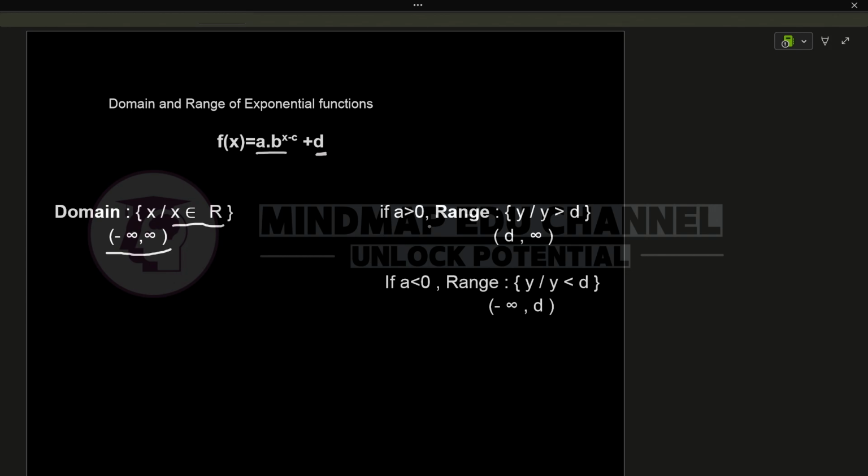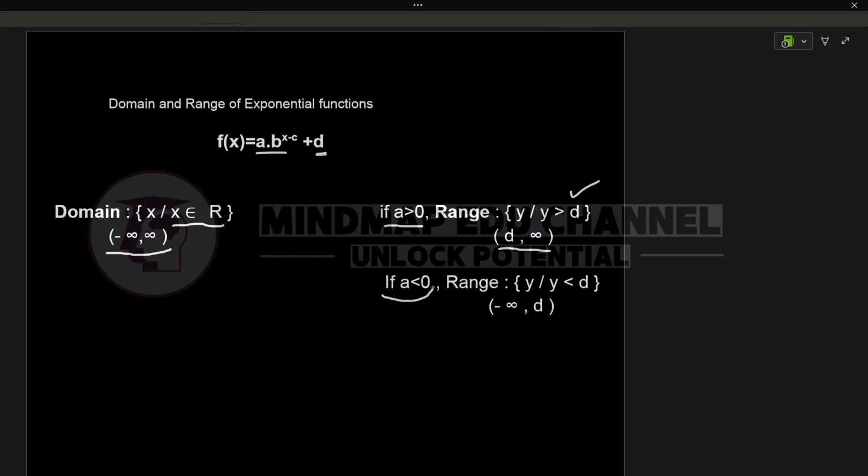And to find out the range, we check the value of a. If a is greater than 0, then the range is a set of y values such that y is greater than d. And in interval notation, the range is from d to infinity, where d is not included in the solution.